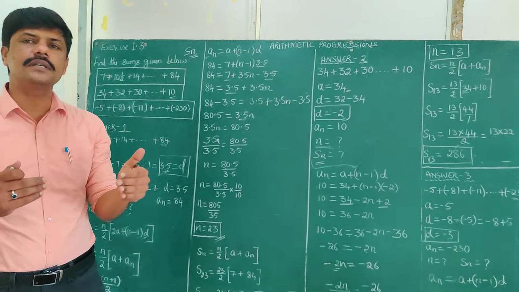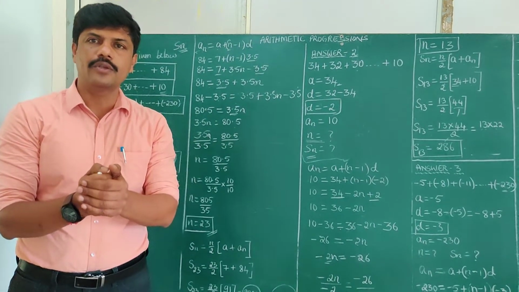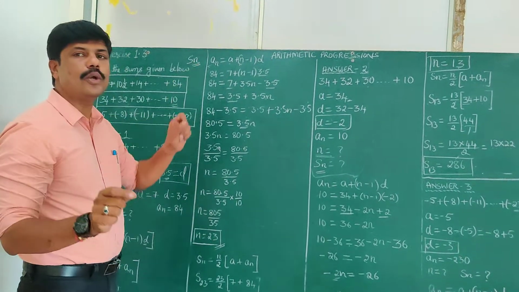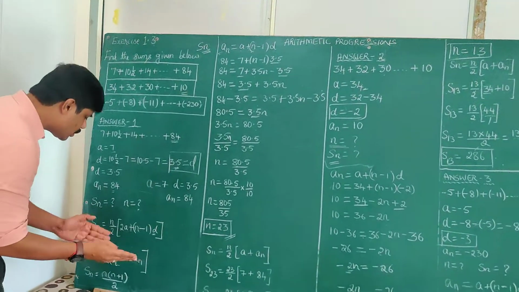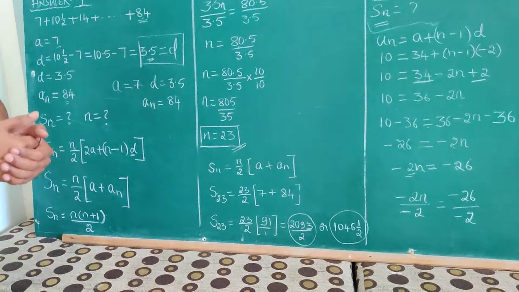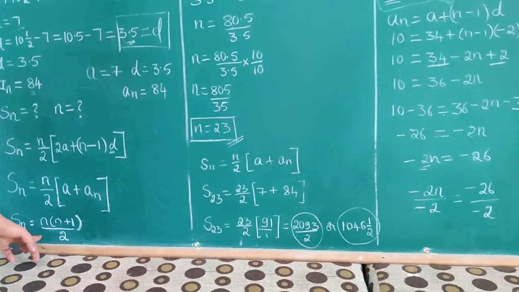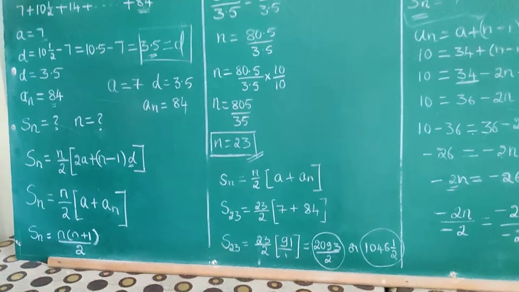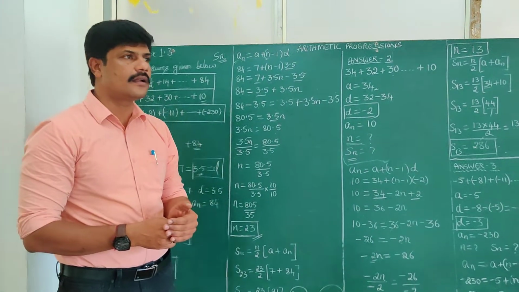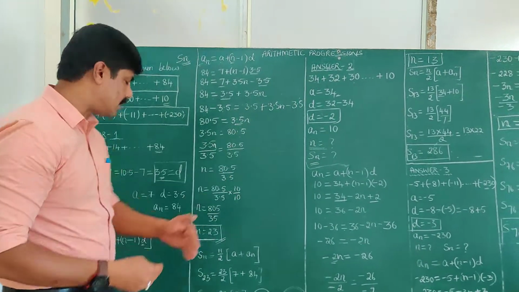How many terms' sum do you have to find? So that idea you should have. To get that idea, the n value is very important. As for the third formula, it is not meant for these questions. Why? Because the third formula is meant for the sum of n natural numbers.